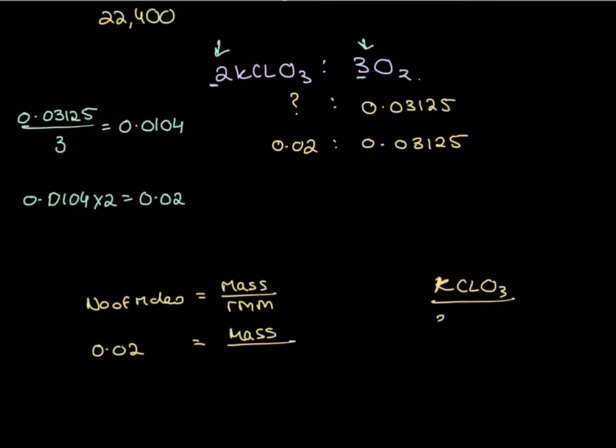So for potassium, we have 39. We have chlorine, and then our oxygen. So that's it there, which is 122.5. With a bit of rearranging, then you can find out the mass to be 2.45 grams.